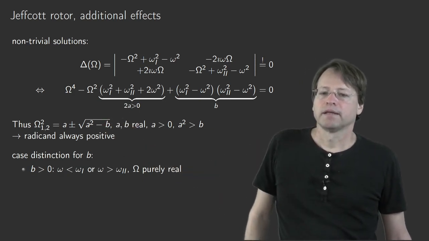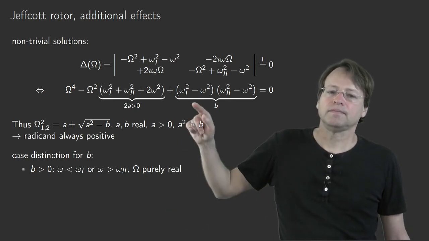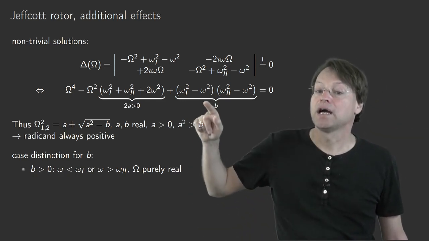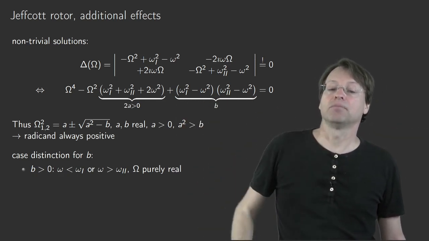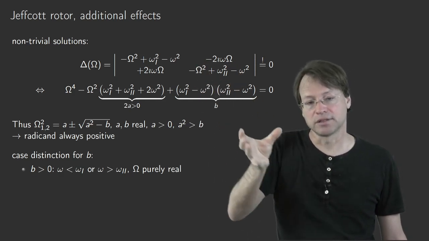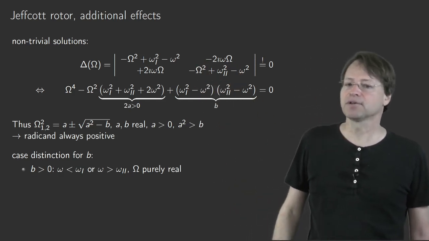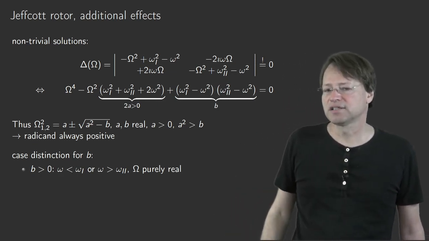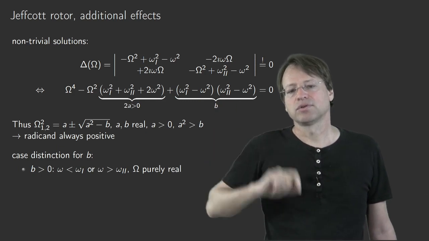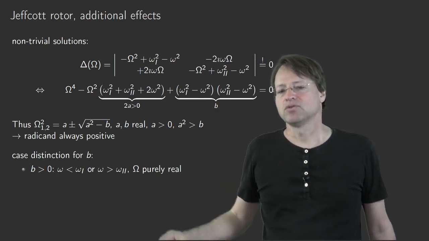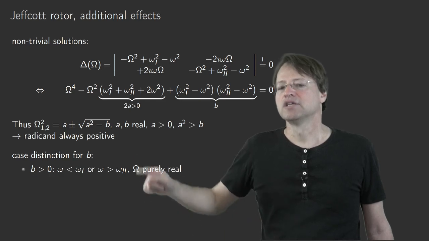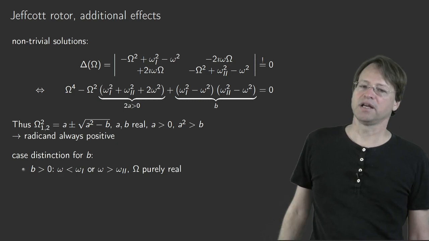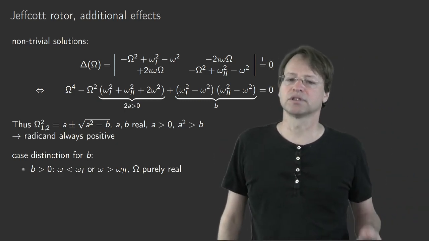Now, second case, if omega happens to be really supercritical, so larger than omega 1 and larger than omega 2, let me remind that this kind of stiffness matrix, K matrix, then is negative definite. So even for the negative definite case here, the product of these two terms will have a positive sign. So again, b will have a positive sign. So we obtain two positive solutions for omega squared. So everything is okay because we have two positive real solutions.